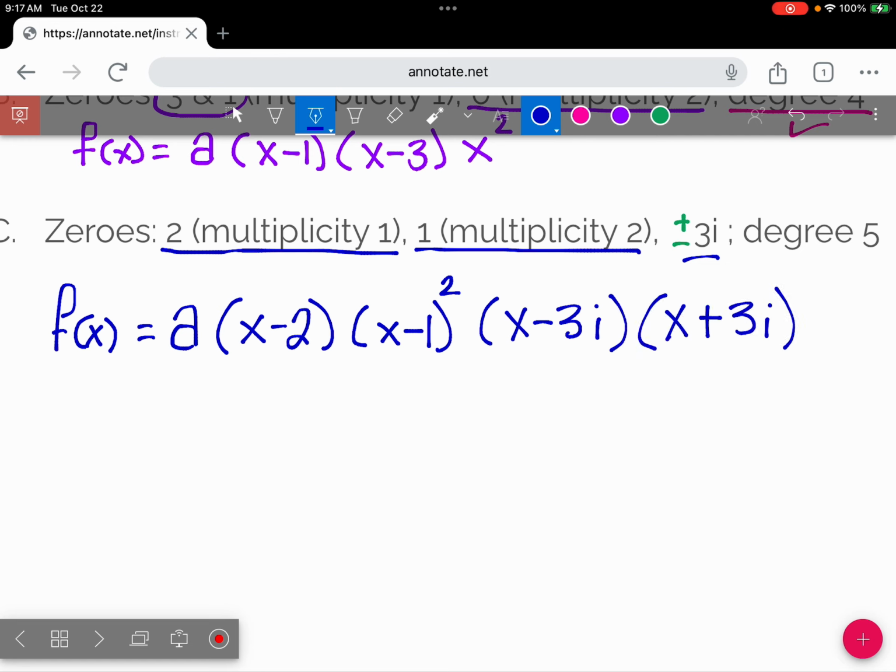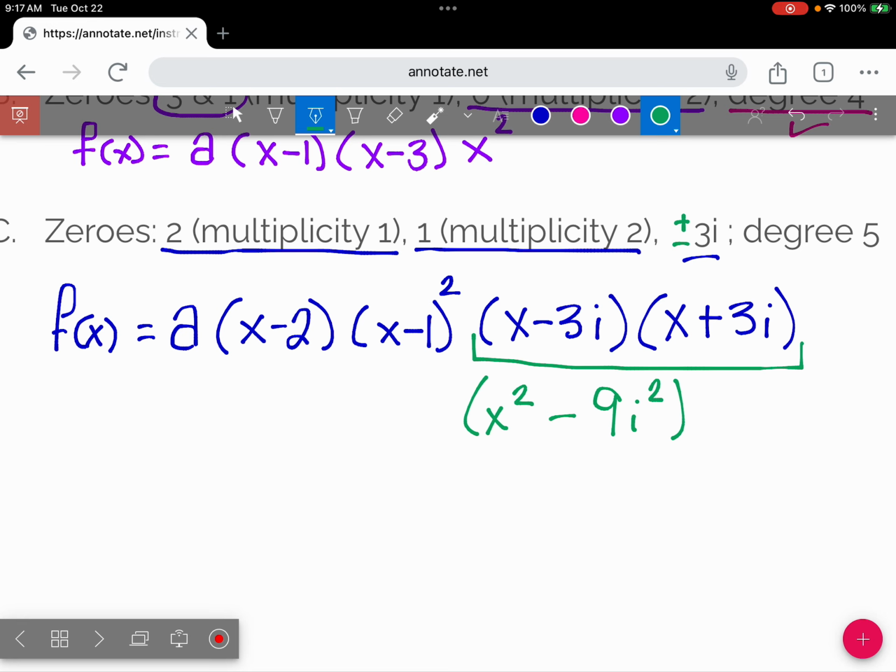But we're not used to seeing polynomials that have i's in them. Ew. So let's multiply these together and see if we can get rid of those i's. Because if I multiply these chunks together, what are we going to get? X squared. Yeah. So because our 3i times x minus 3i times x, those guys cancel out. So we're going to have our minus 9i squared.